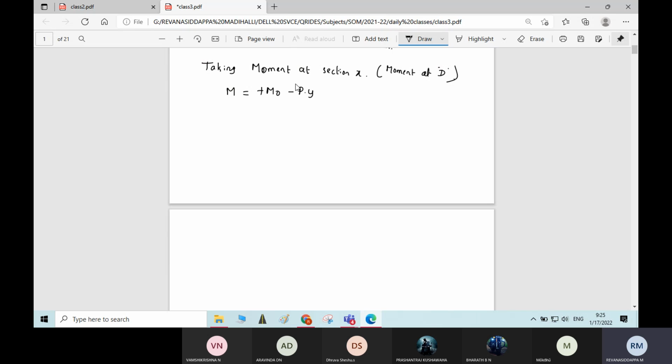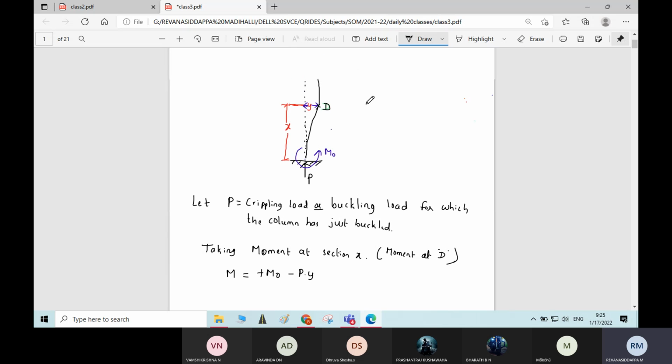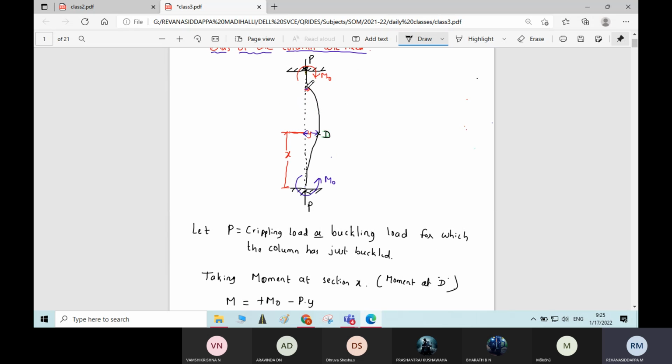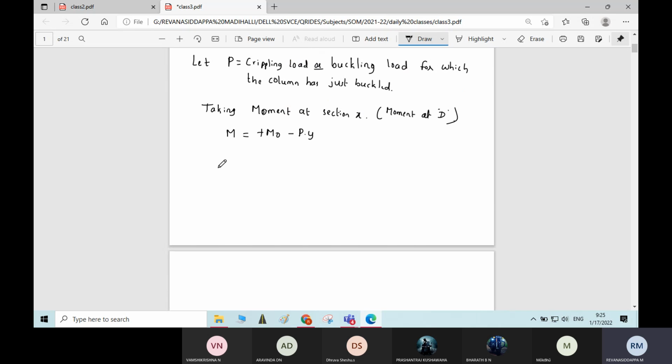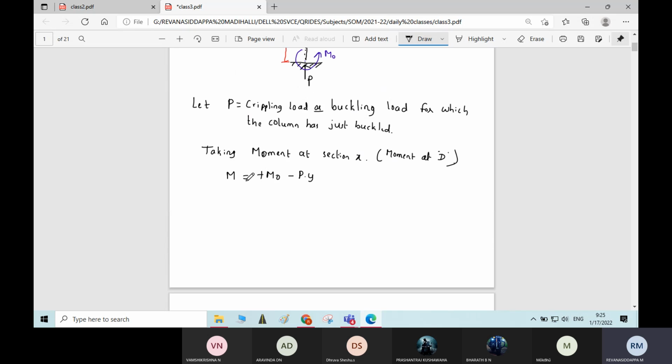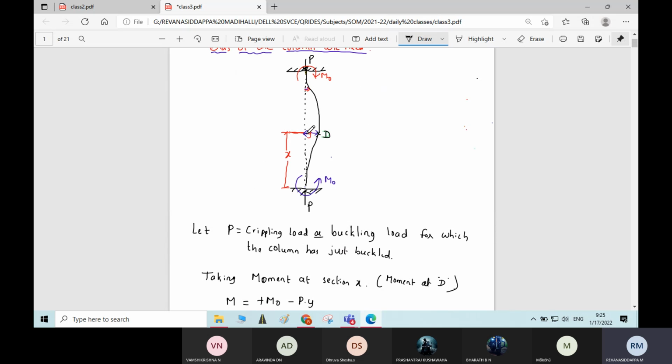You can write the sign in other way also. This force is causing the concave bending of the column. For concave bending of the column, the sign is negative. So plus M naught minus P into y. So we got moment at a section X.